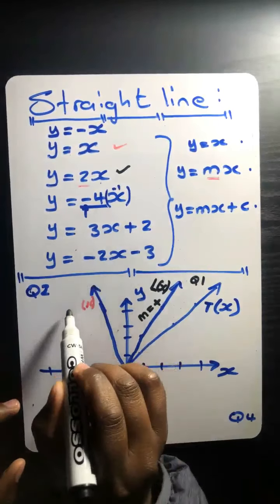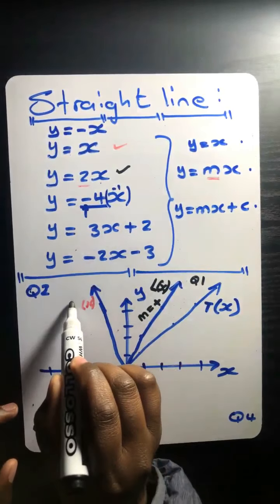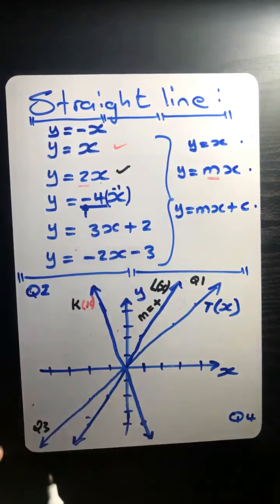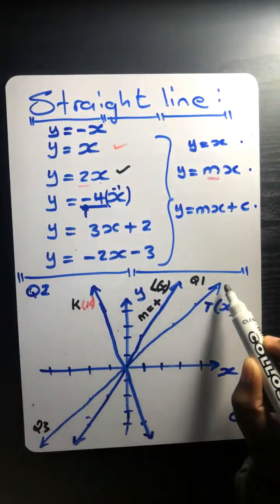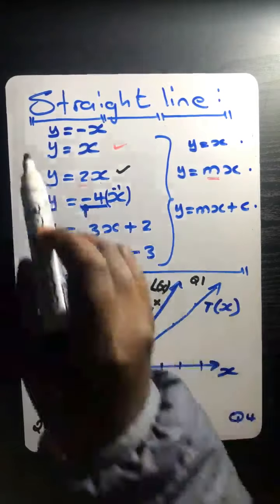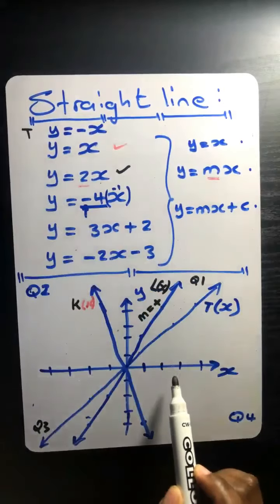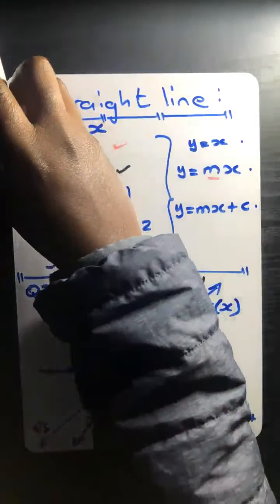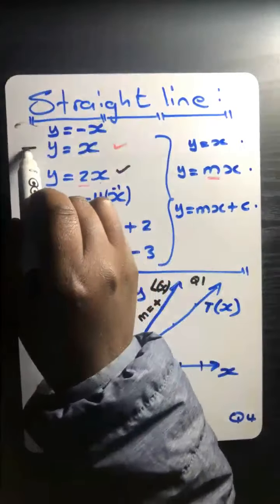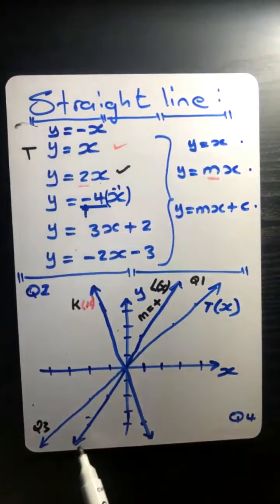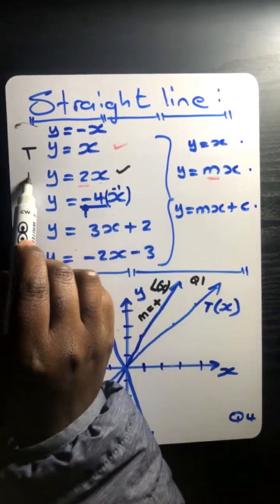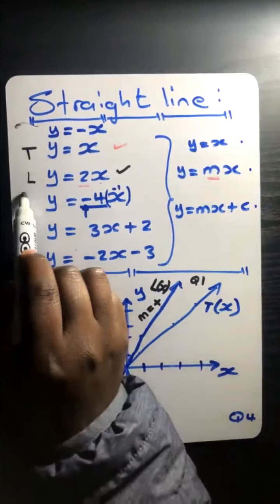I'm not sure how it's pronounced, but whoever it is, let's just give it K and say this is K of X. So can you see the graph of Tando? It's not that steep. So this is Tando. No, Tando is this one with a positive. So this is the graph of Tando, and this is the graph of who? This is the graph of L, and this is the graph of Gaugelo.